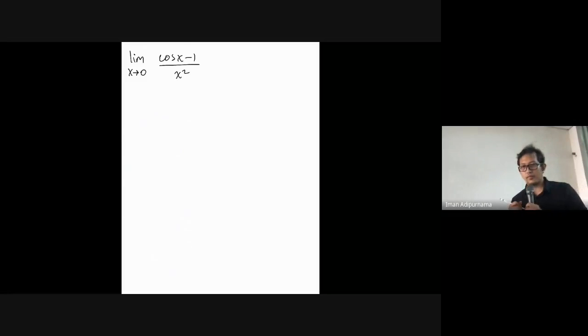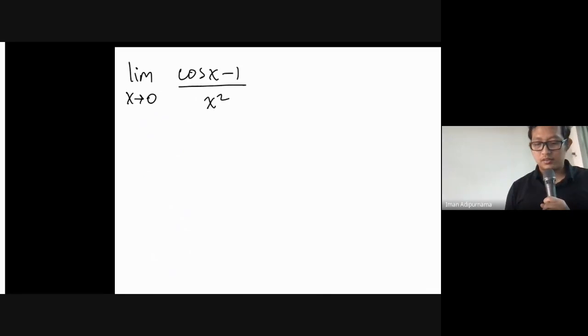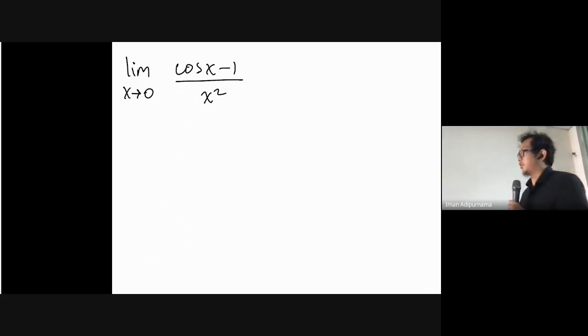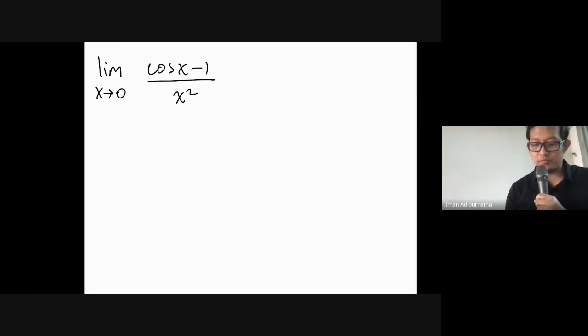If I have the limit as x approaches 0 of cos x minus 1 over x squared, this is actually a pretty noticeable limit. But if we use L'Hopital's rule, we can do it directly, and I think it will be helpful also.